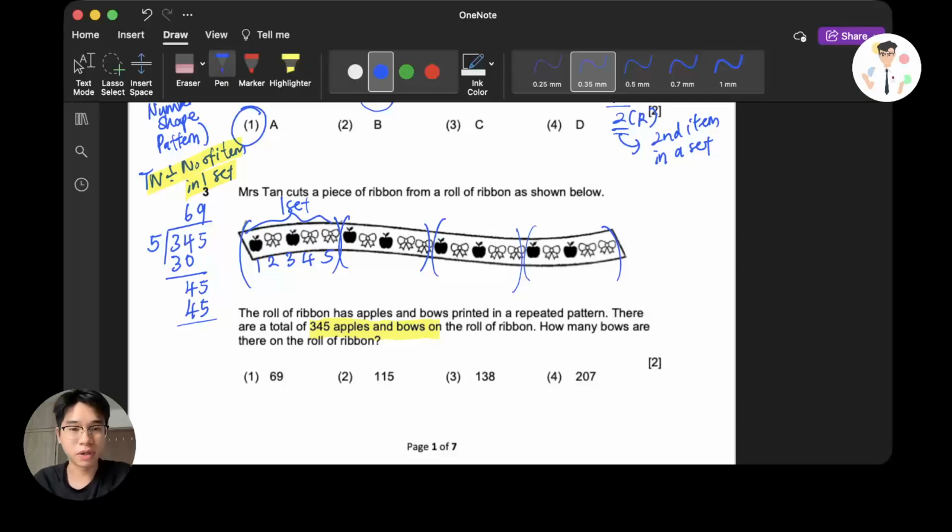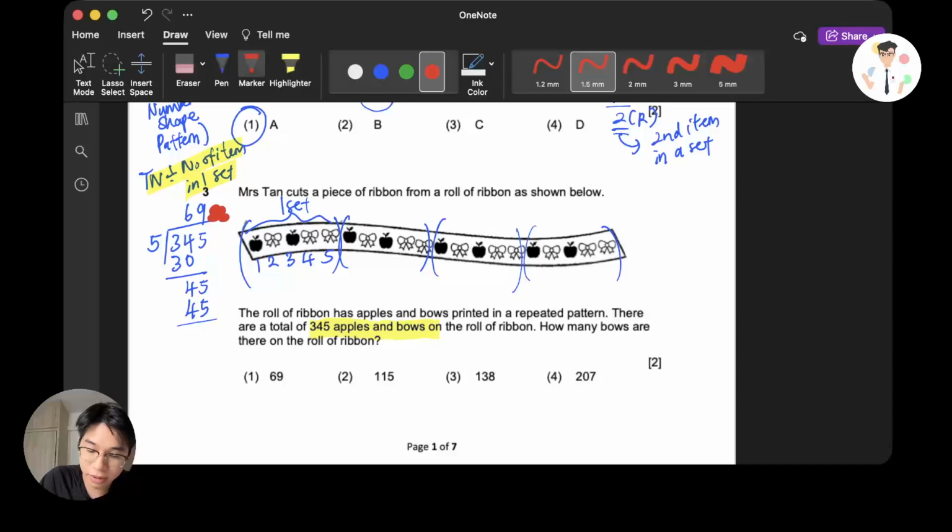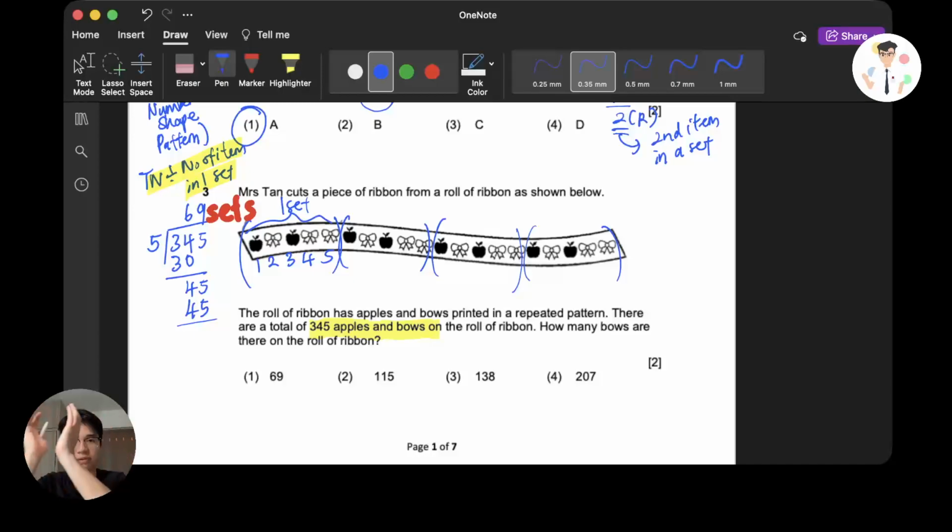So the first important thing is that from my calculation here, I found out that this 69 is actually a number of sets. Let me just write here, sets. This basically tells me that I have 69 of this 1, 2, 3, 4, 5. I have 69, right? And now, can you tell me, in one set, how many bows do I have?